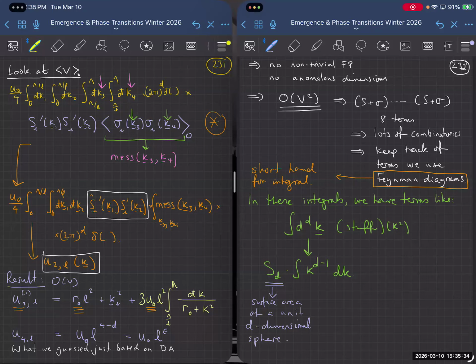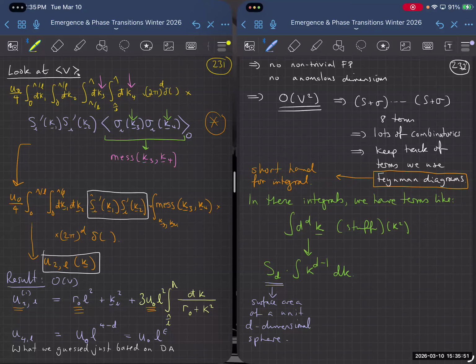And there's a beautiful trick for being able to compute that. That's just like 4 pi in 3 dimensions, or 2 pi in 2 dimensions. You learned that on your mother's knee. You can work it out. In general, it turns out to be a ratio of gamma functions and things like this.